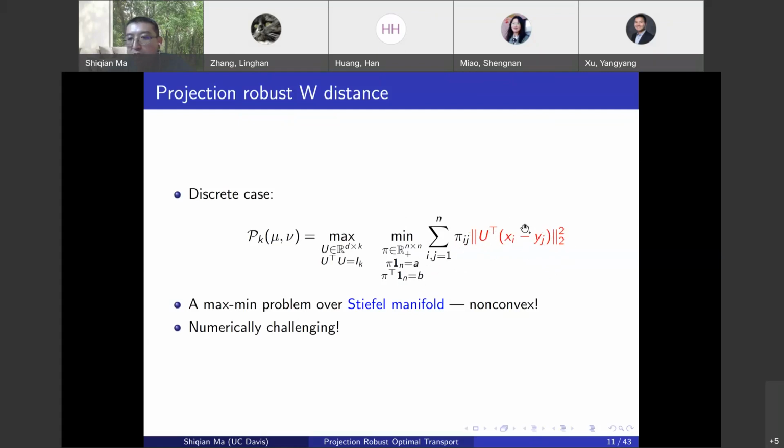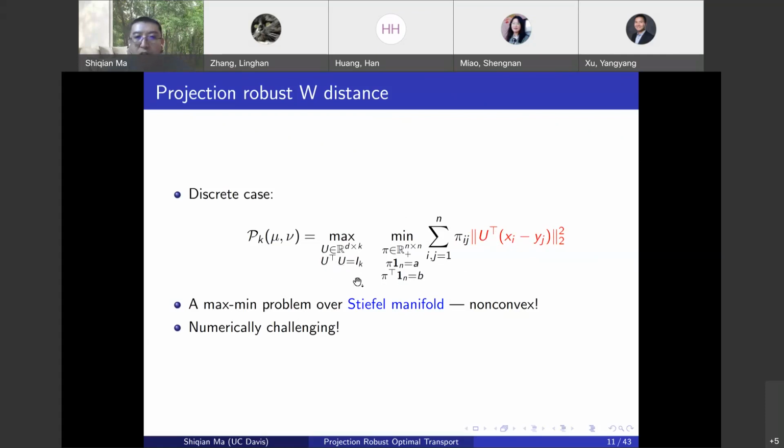This is the distance between the projected data. And U is an orthonormal basis of the subspace E. So in this optimization problem, I replaced the k-dimensional subspace E by its orthonormal basis, and U is a D by K matrix, and it is orthogonal.